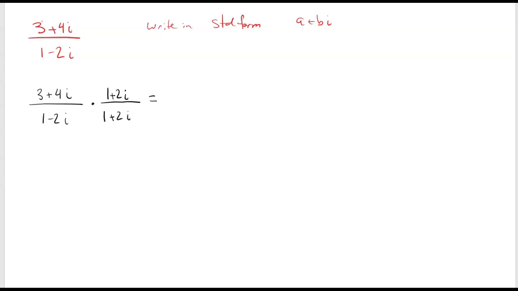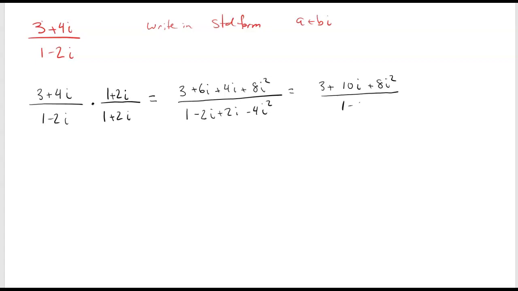So again, 3 times 1 will give me 3. This will give me 6i plus 4i plus 8i squared. The denominator will be 1 minus 2i plus 2i minus 4i squared. Combining like terms, so 3 plus 10i plus 8i squared all over 1 minus 4i squared. And again, I can't just cross off the i squareds.